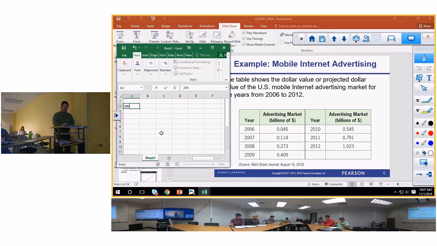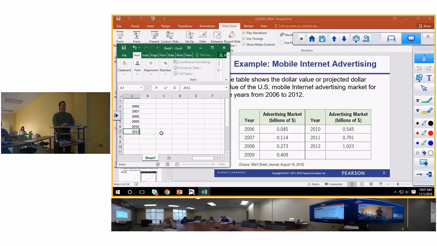2006, 2007, 2008, 2009, 2010, 2011, and 2012.